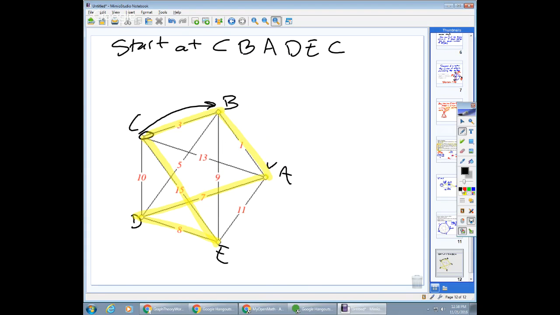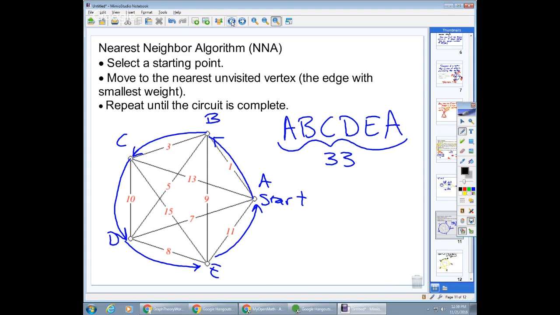Oh, I didn't have to go to 11. What am I doing? What's the answer? 33? No? 34? 34. Okay, we got more 34s. So this one was 34. The previous one was 33. It was better.